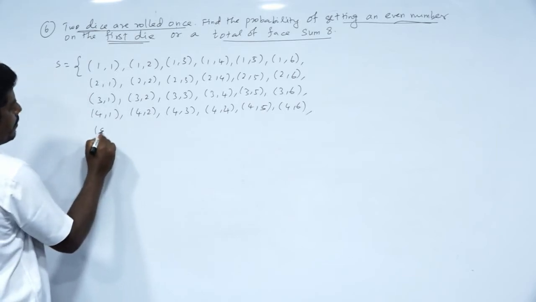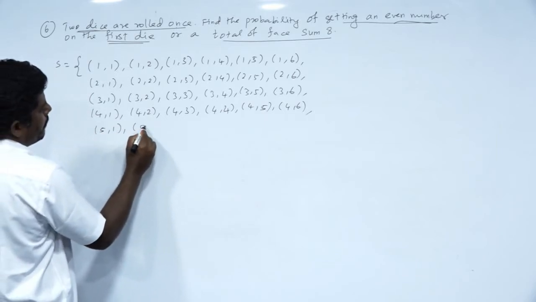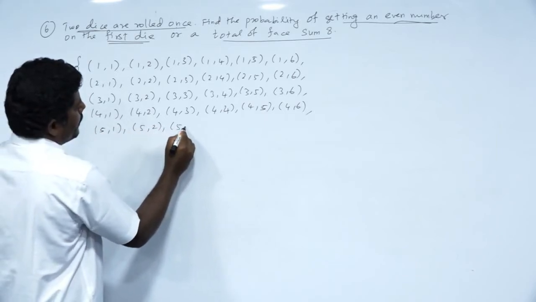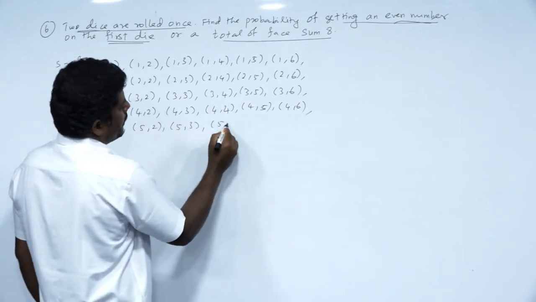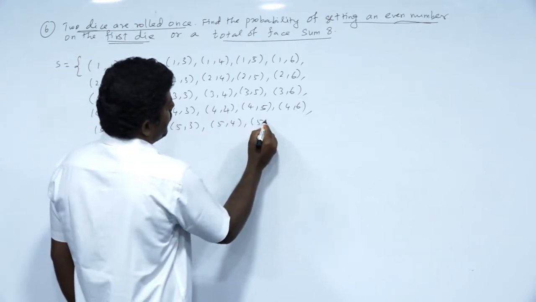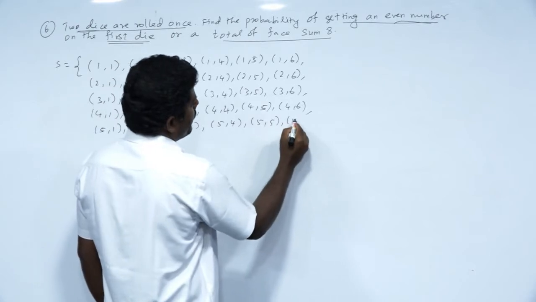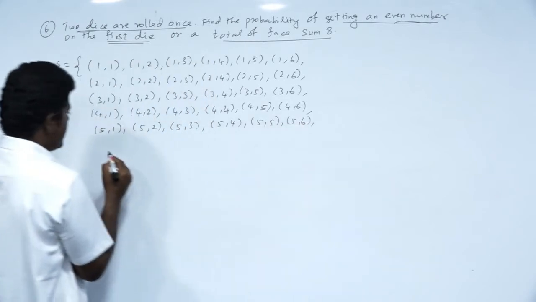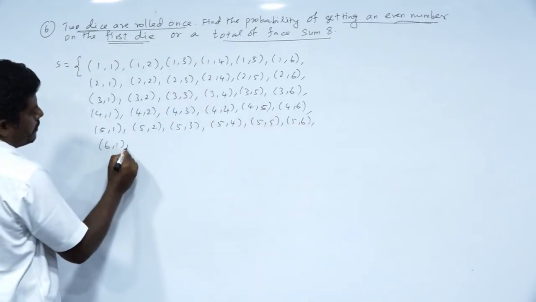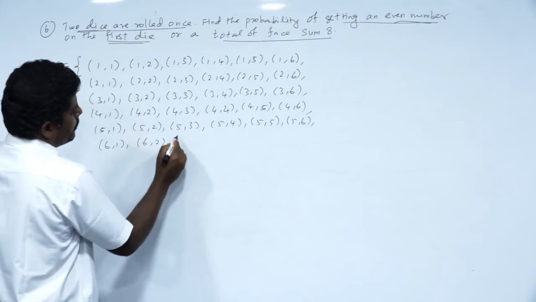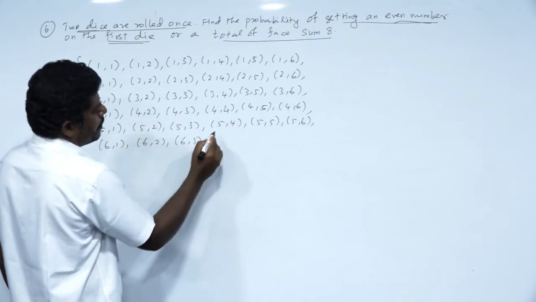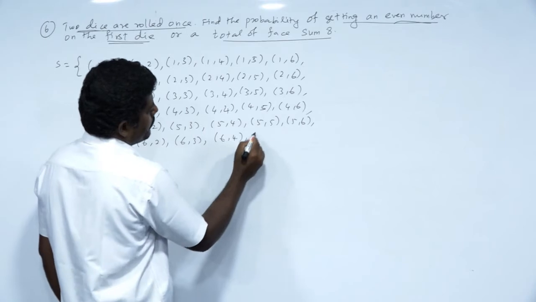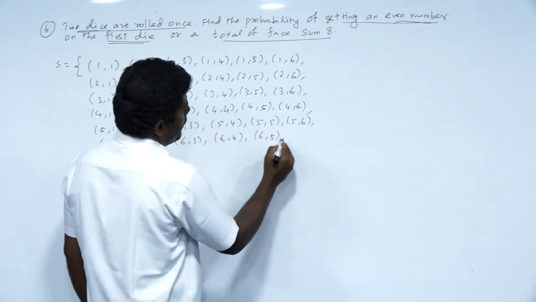Okay, next 5,1; 5,2; 5,3; 5,4; 5,5; 5,6. After that 6,1; 6,2; 6,3; 6,4; 6,5; and 6,6.